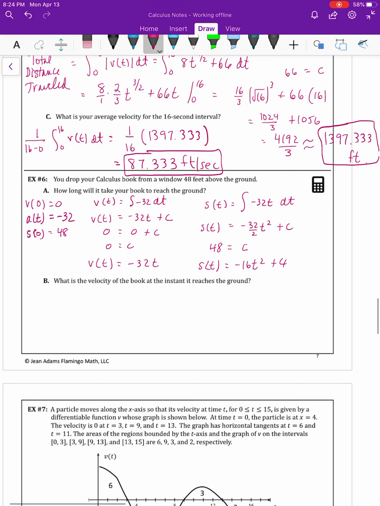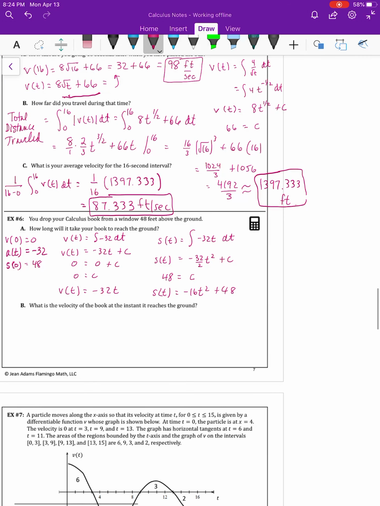And so therefore your position function is going to be negative 16t squared plus 48. No, plus 48. What am I doing? I was thinking moving it over. Plus 48. All right. So now, how long will it take the book to hit the ground?